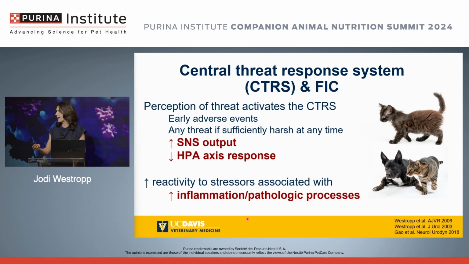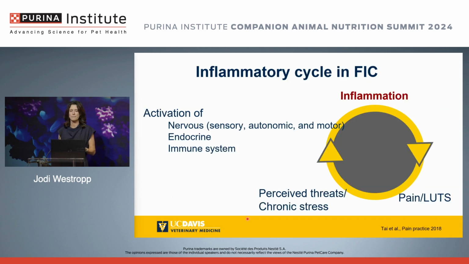They were in a different cage. We changed their food, and we changed their litter pan. That was the stress protocol. And what we found is a really heightened sympathetic nervous system and a blunted hypothalamic pituitary adrenal axis. And this increased reactivity to these stressors somehow sets up that increased inflammation and pathologic processes.